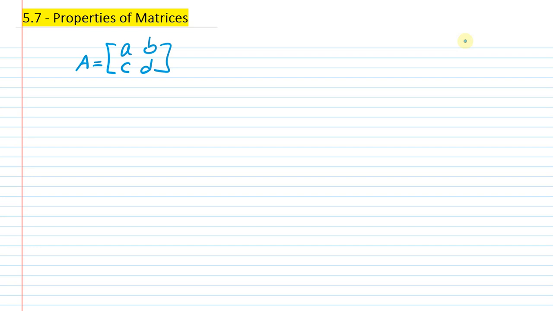It's not material. But we use capital letters to name matrices, and we use subscript notation to label the elements of the matrix. So for instance, in general, suppose I have a matrix that looks like so. The element in the first row, first column is going to be a11.